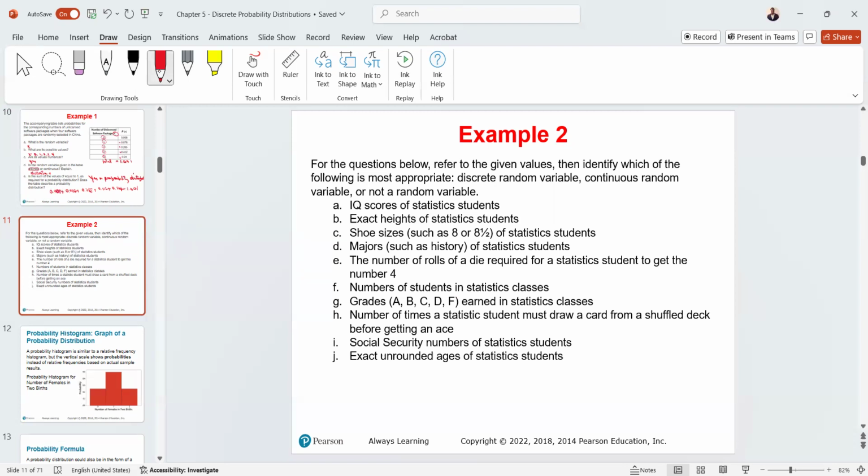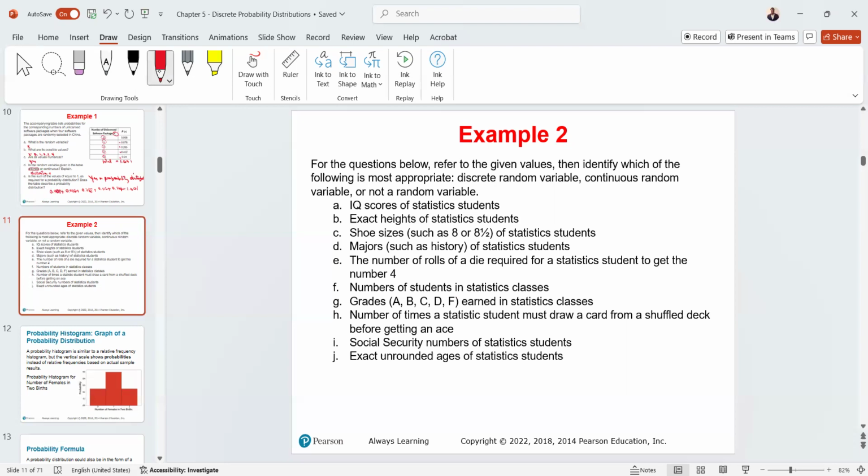We said, IQ score of statistics students. Is it discrete, continuous, or not a random variable?